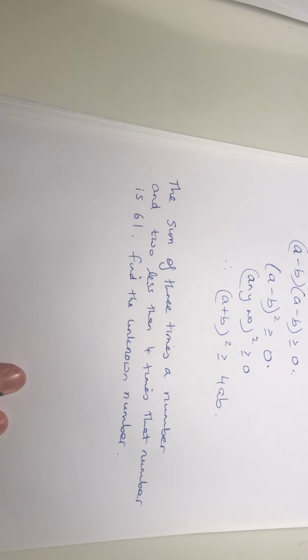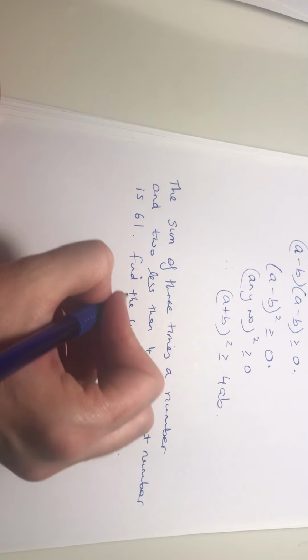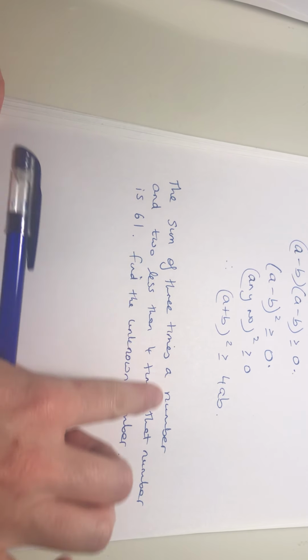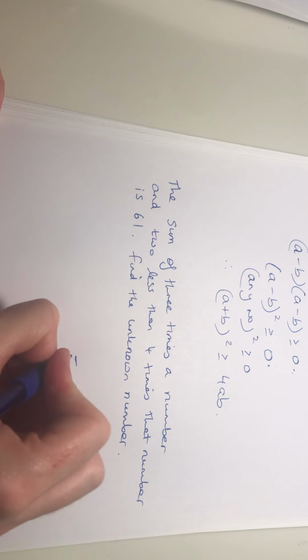And then the sum of 3 times a number and 2 less than 4 times that number is 61.